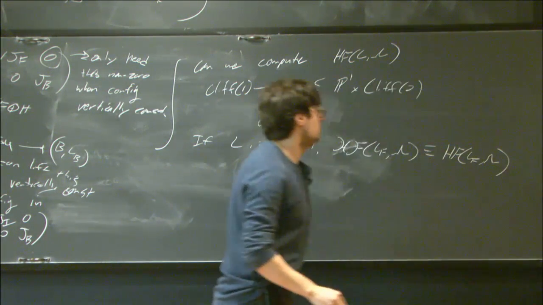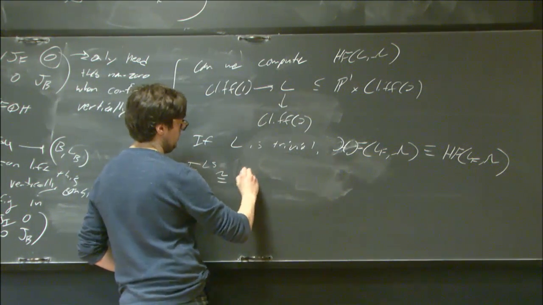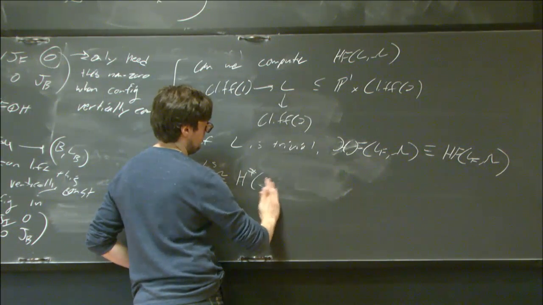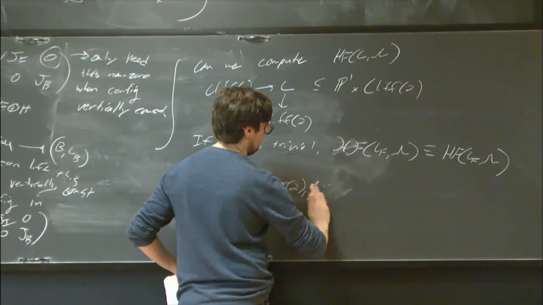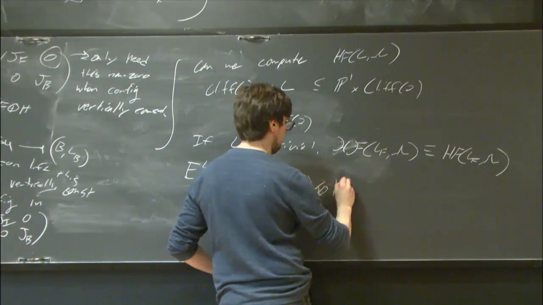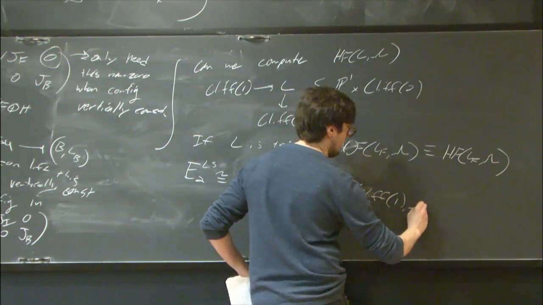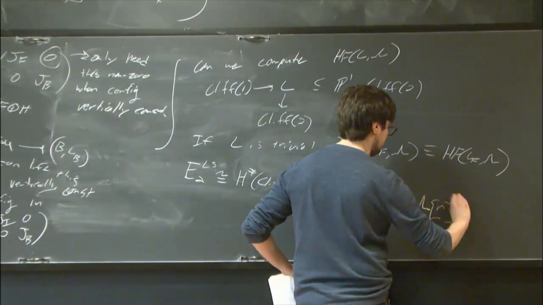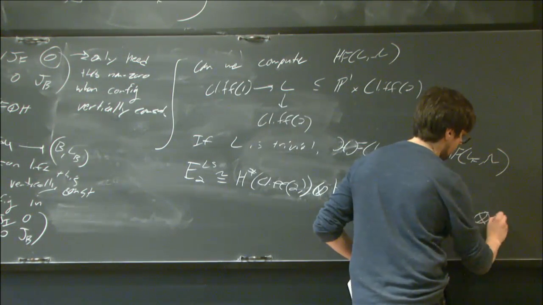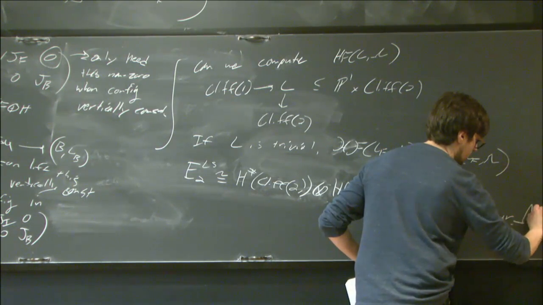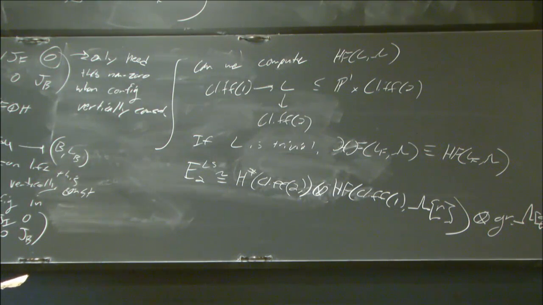And then that means that E2LS should just be the tensor product of the two homologies, tensored with some graded thing. Okay, so this kind of gives you a little bit of hope for this sort of thing.